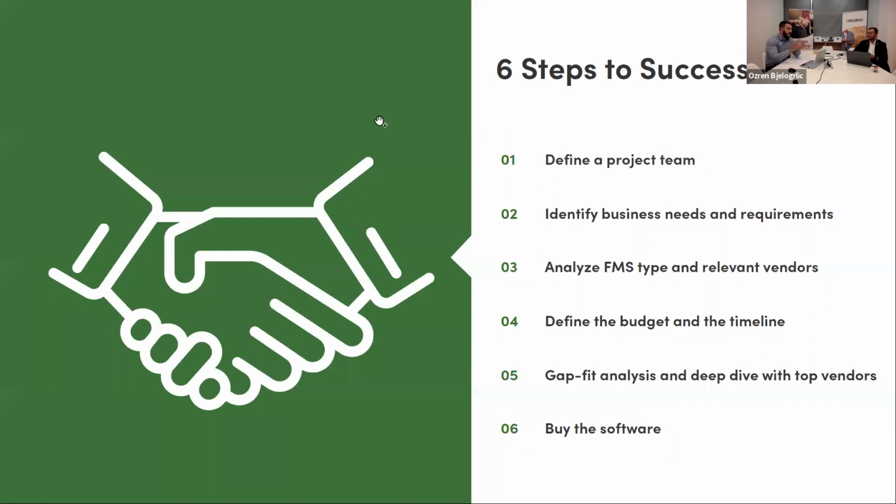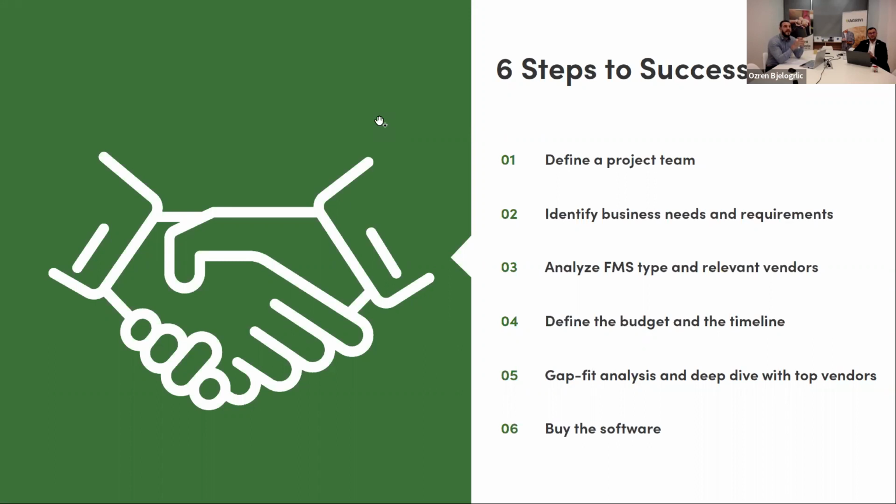Yeah. So we spent the last half an hour or so talking about the 6 steps to successfully choosing farm management software. To recap again, number 1 is defining a project team, identifying your specific business needs and requirements across different departments, and analyzing farm management software types and relevant vendors.